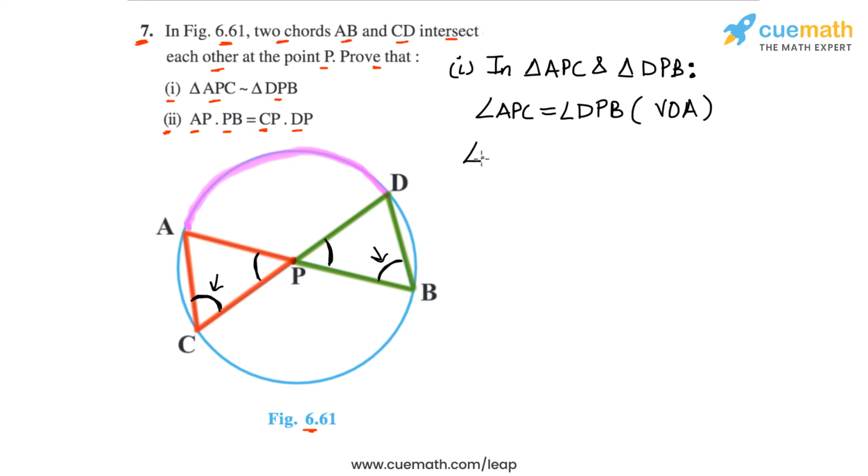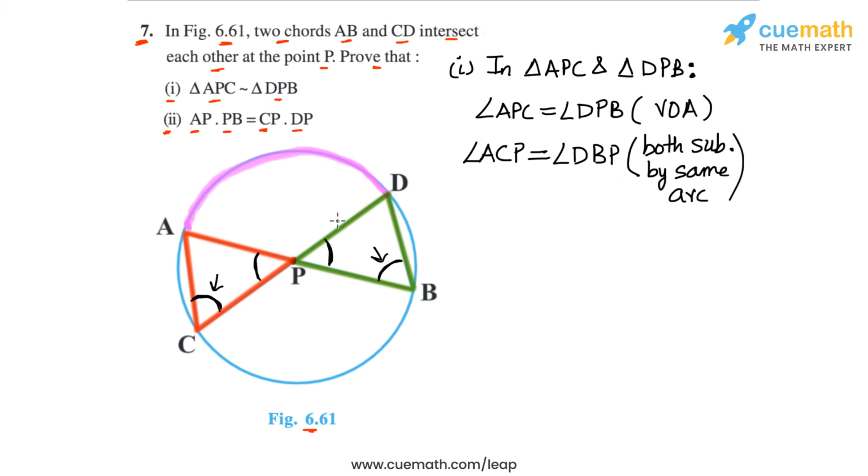And then we have angle ACP is equal to angle DBP. And this is because these two angles are both subtended by the same arc, which is the arc AD that I've highlighted.